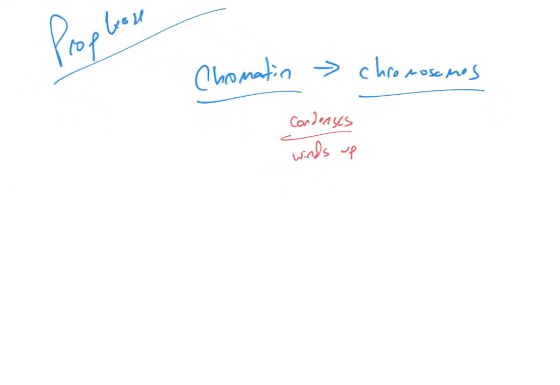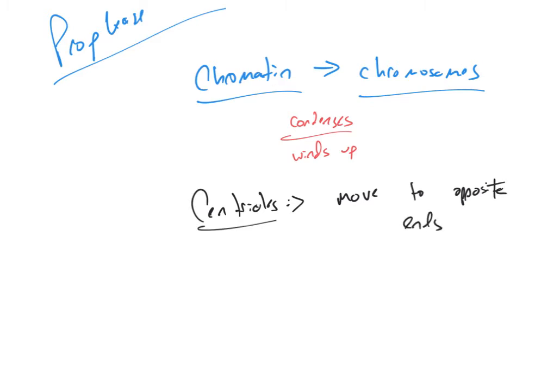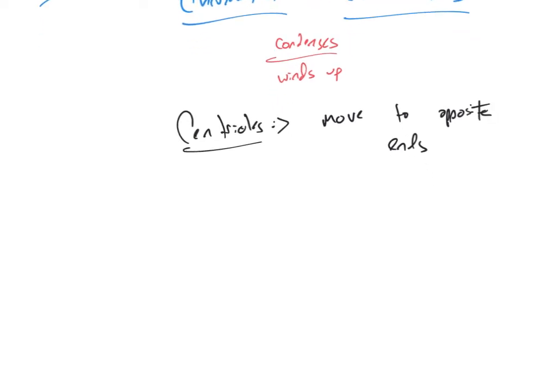The centrioles, there are 2 of them, move to opposite ends. The spindle fibers begin to form.